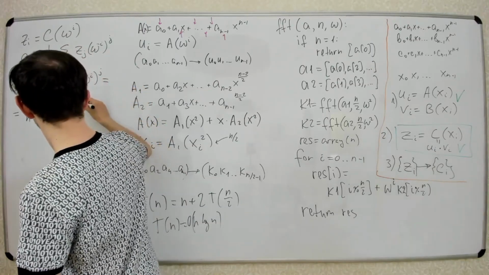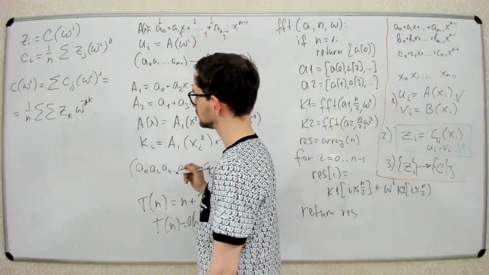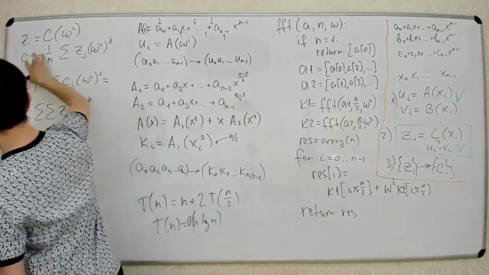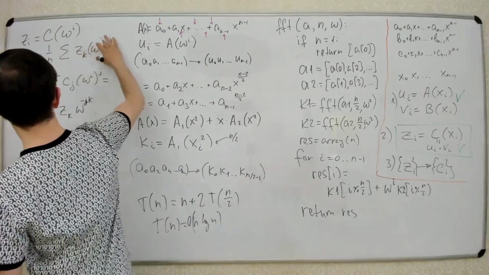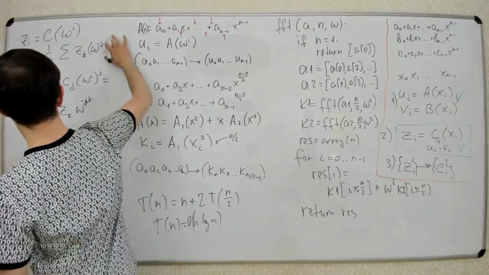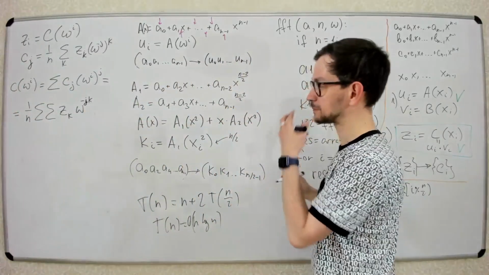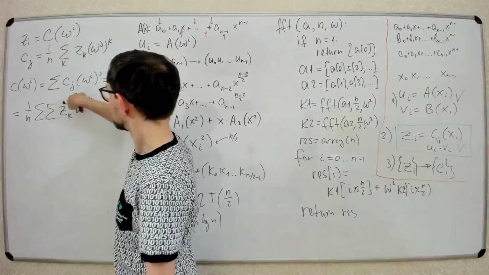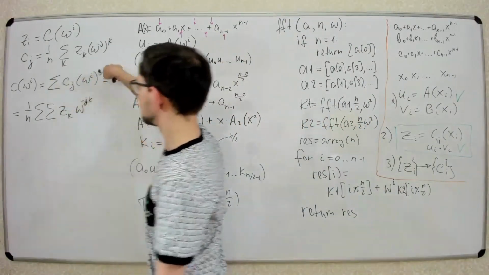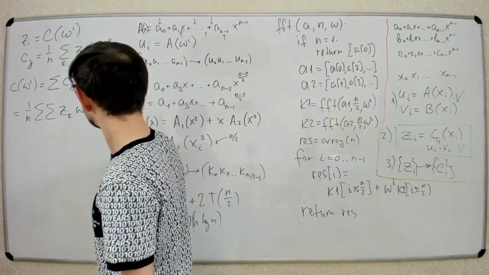Let's write it so we have the same variables: j, k. So I just take this coefficient and replace it with this formula and multiply it by w power ij.